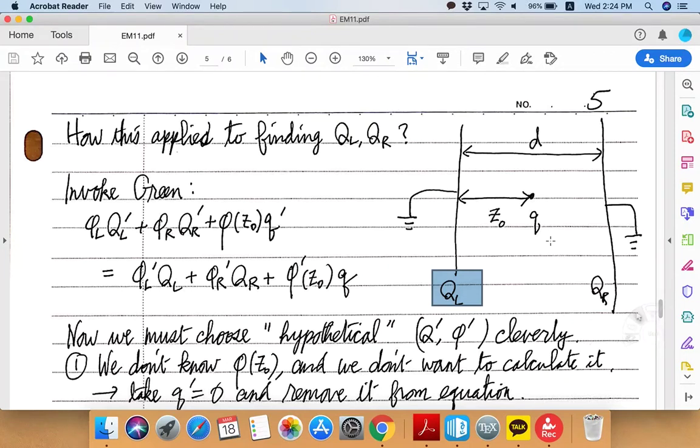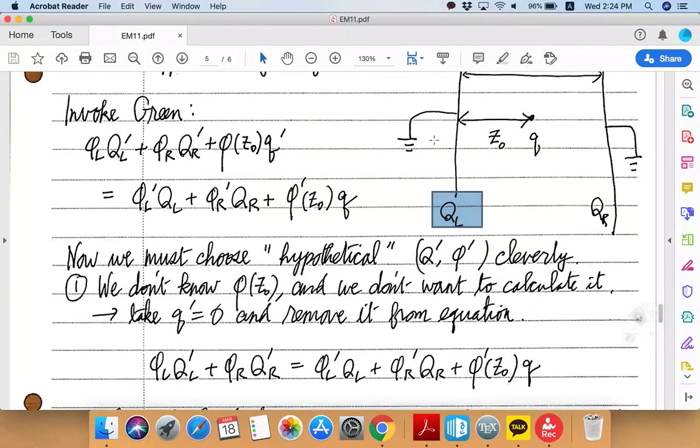And the beauty of this approach is that we can choose the hypothetical situation in whatever way we want, as long as it helps us find the solution to the question we are asking. Okay, so here's the thing. We don't really know what this phi z0 potential value is, but rather than working our sweats off to find out what this value is, we just find a trick to not have to consider this value.